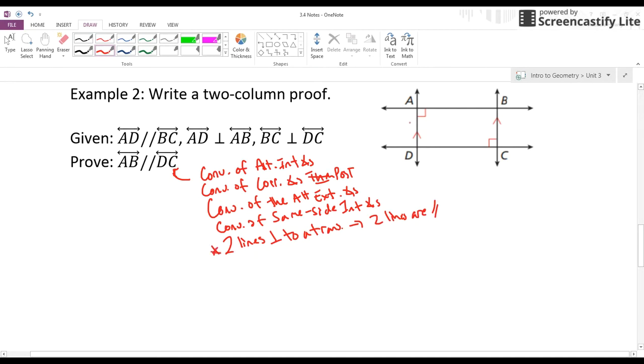We can say, if I can show that AB is perpendicular to AD and DC is also perpendicular to AD, then I've got parallel lines. So same thing here. If I can figure out AB is perpendicular to BC and DC is also perpendicular to BC, then I've got some parallel lines, right? So that's what we're basically looking for, okay?